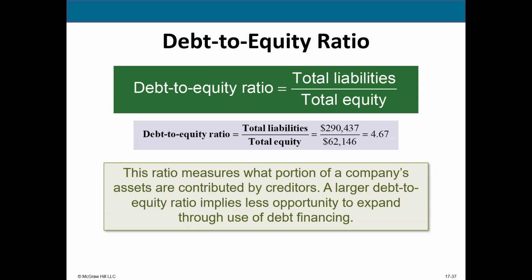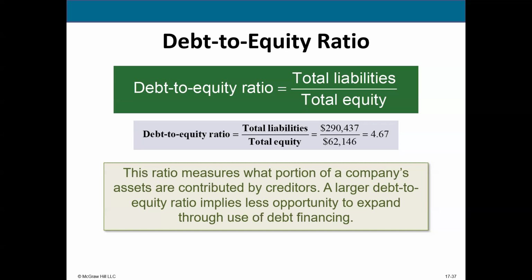So in the case of Apple, we take the total liabilities divided by total equity, and we get 4.67. This is very high, and it indicates some risk on the company with respect to their liabilities. It tells me that they have a lot of debt and not enough equity, in my opinion.